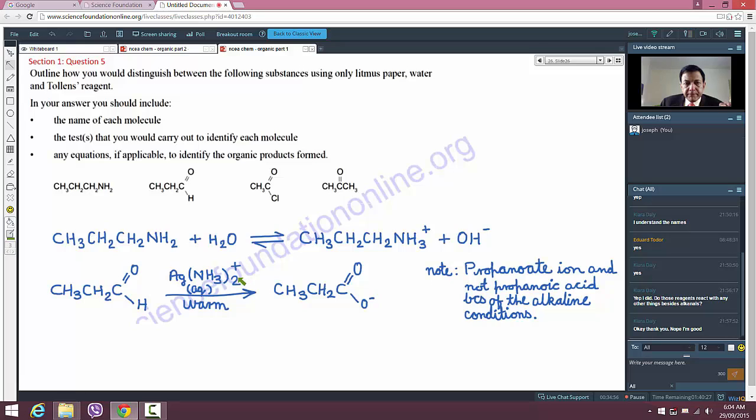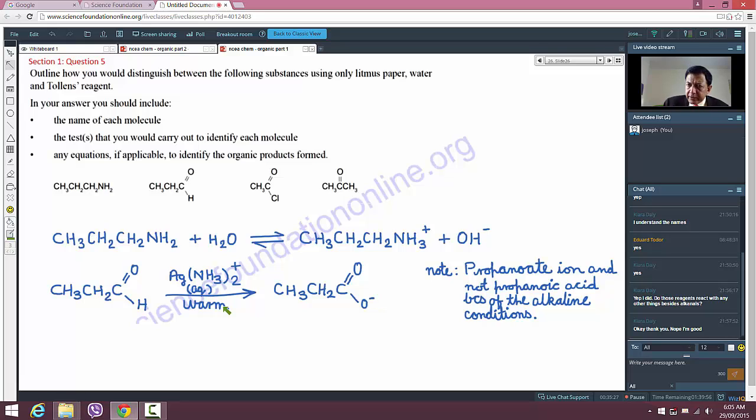How do we know that? Because in these conditions, it's in an ammonia solution, so that's going to be alkaline. You can think of it like, you get the alkanoic acid and then that will react with the base, because this is ammonia solution, to give the propanoate ion. So note here, propanoate ions and not propanoic acid because of the alkaline conditions. So remember that.